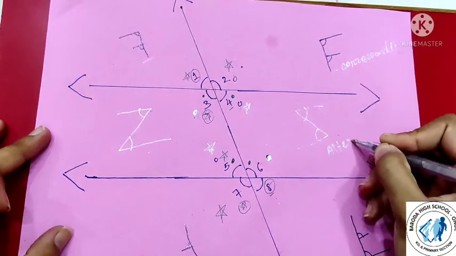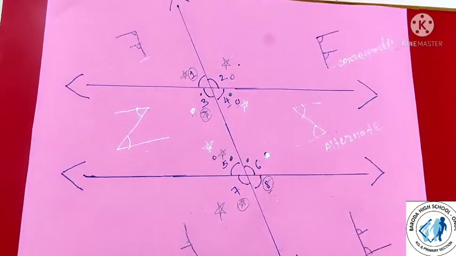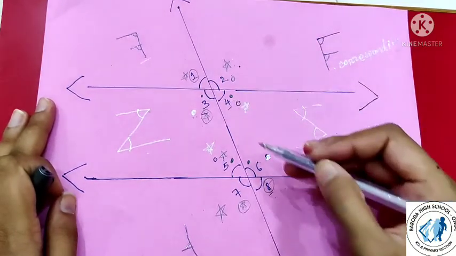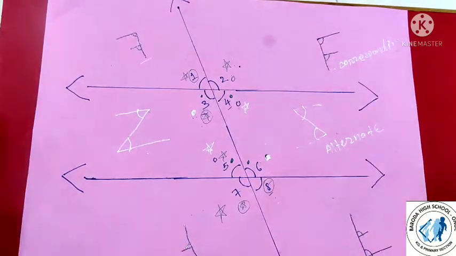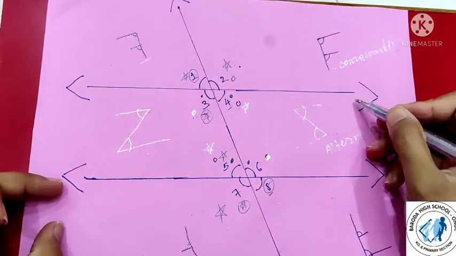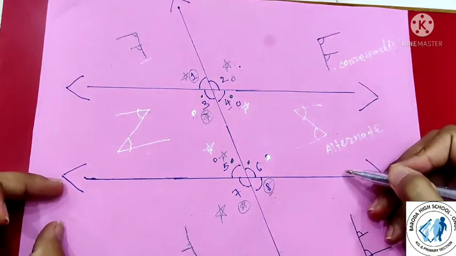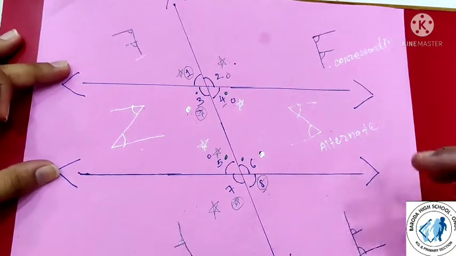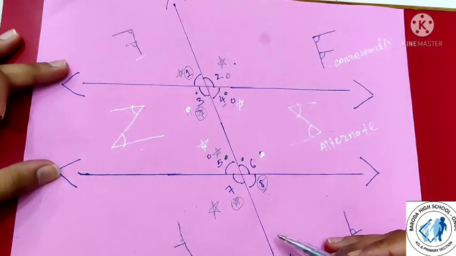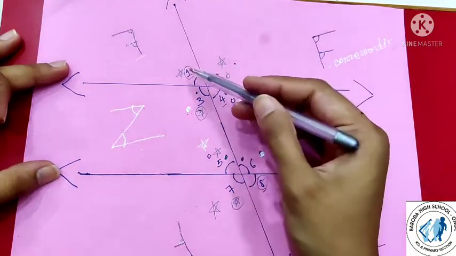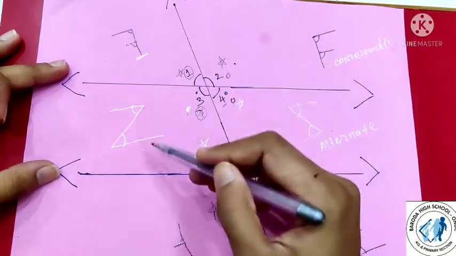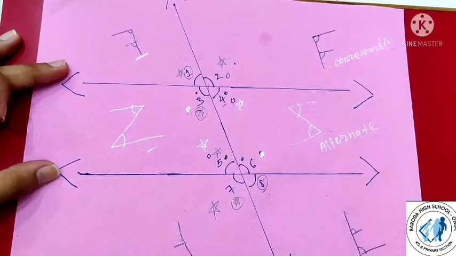But the measures of angles can be equal when the lines are parallel. So when we have parallel lines and a transversal intersecting them, then these pairs of angles will be equal. Corresponding angles, alternate angles will be same.